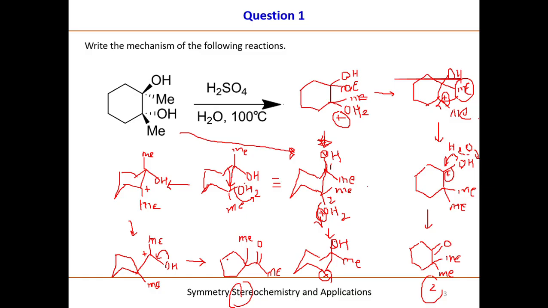The very first question is an example of the pinacol-pinacolone rearrangement reaction, in which in the first step protonation of the OH group takes place, and then in the second step loss of H2O and formation of the carbocation takes place.